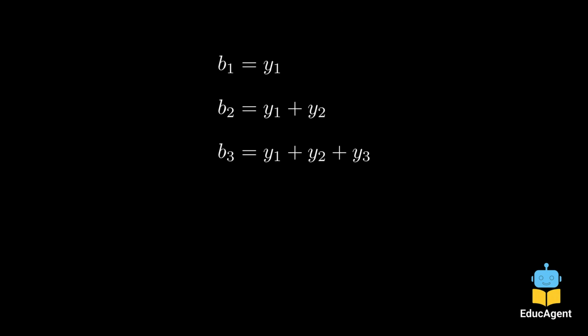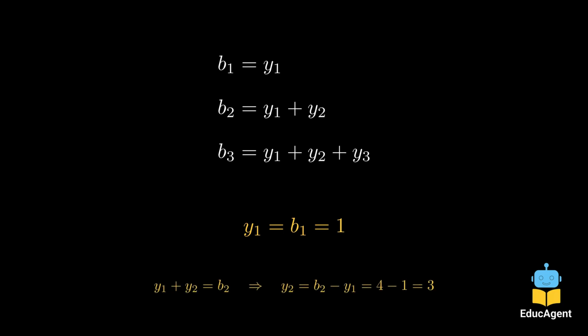Entry-wise, the linear combination gives a simple lower triangular system. B1 equals Y1, B2 equals Y1 plus Y2, and B3 equals the sum of all 3 Ys. From the first equation, we immediately get Y1 equals B1, which is 1.